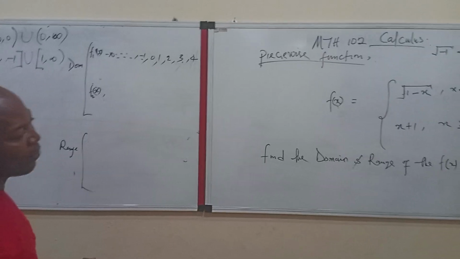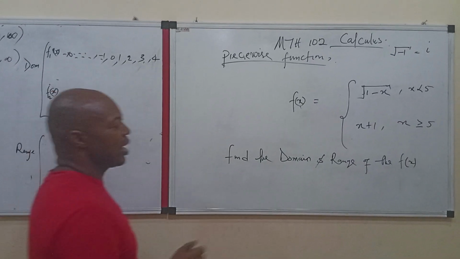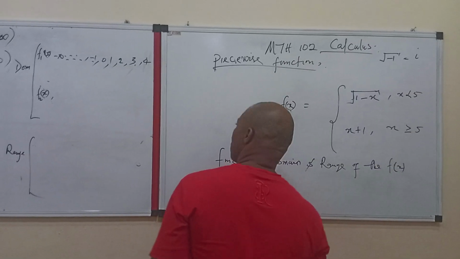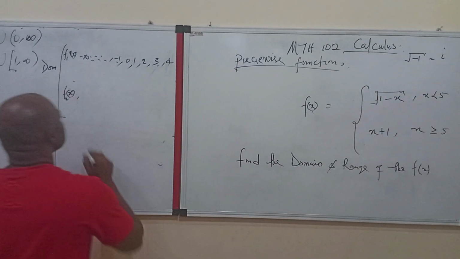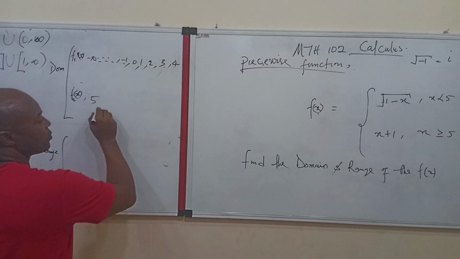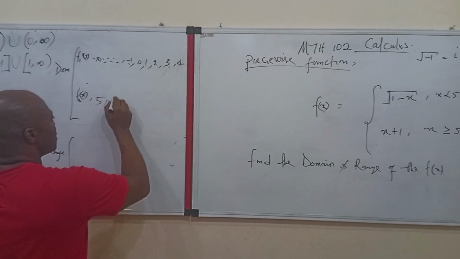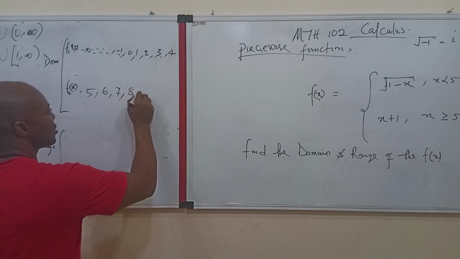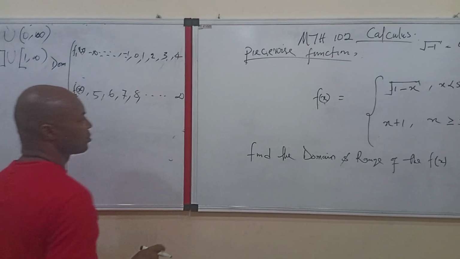For this other one, x is greater than or equal to 5, so 5 is included: 5, 6, 7, 8, to positive infinity.